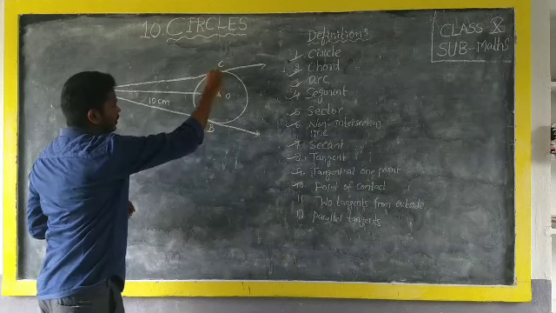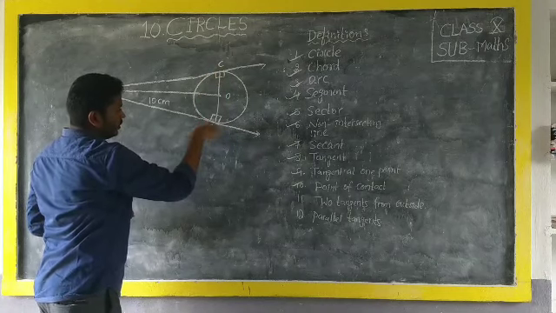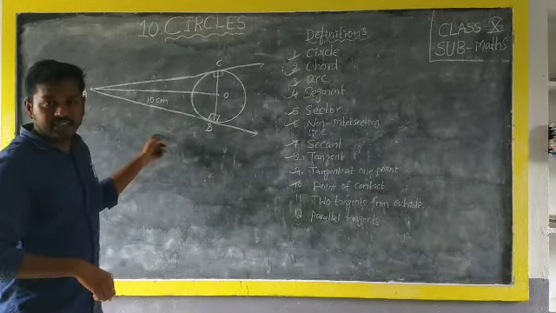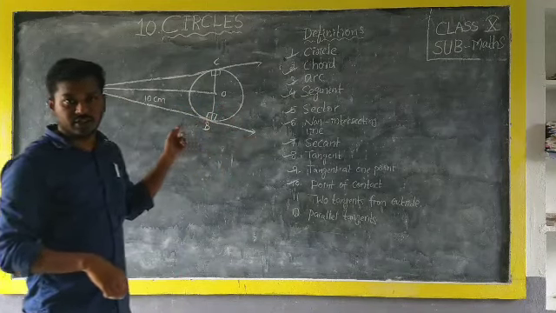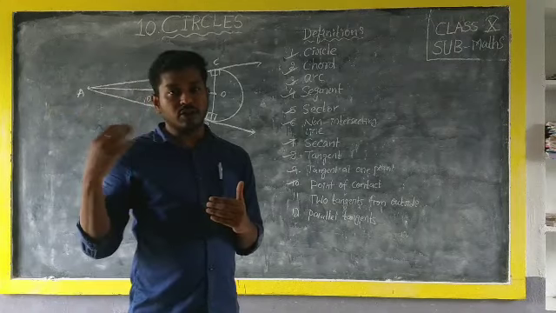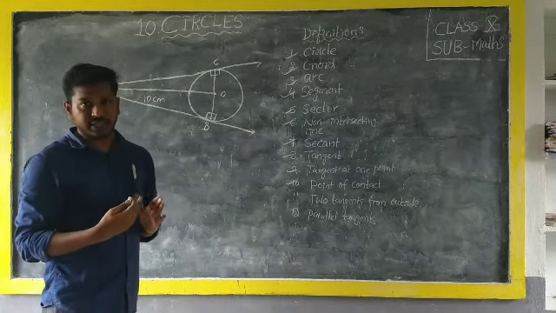Here, these are the perpendiculars. Why? Because I already explained that a tangent and a radius are perpendicular to each other. How many tangents can we draw from one point outside? Only two tangents.